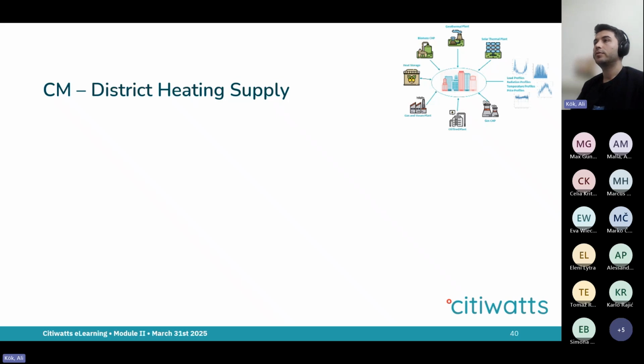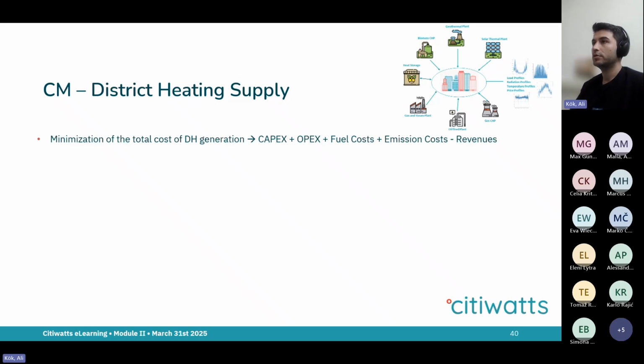So, giving a brief overview of the district heating supply CM. What we do in this module is that we basically have an optimization module that minimizes the total cost of district heating generation. And mainly we can put these cost components into 4 categories. So we have the capital expenditures, the investment cost of the district heating supply technologies.